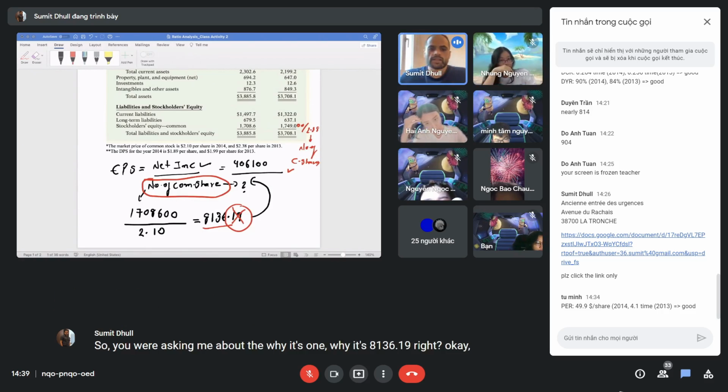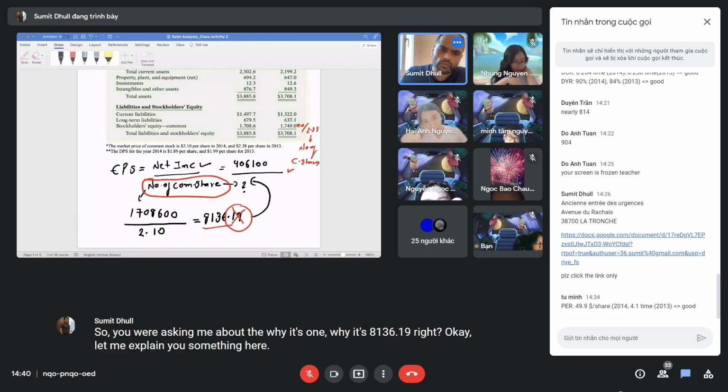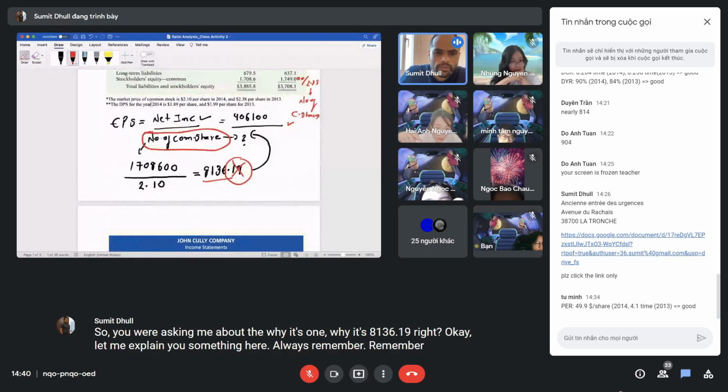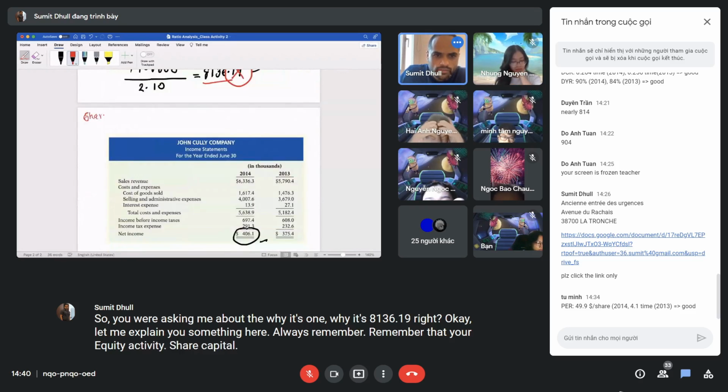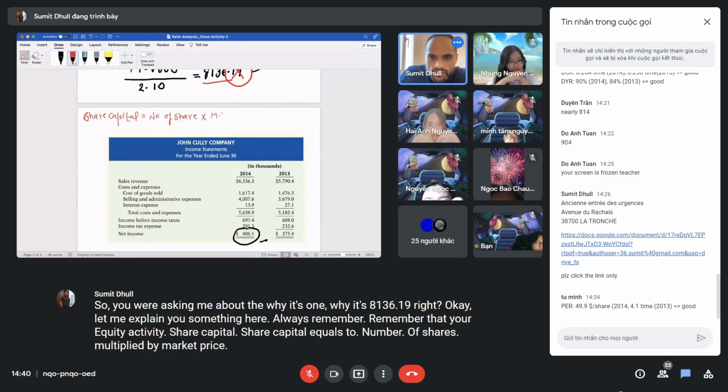Okay, let me explain something here. Always remember that equity means share capital. Share capital equals number of shares multiplied by market price per share.